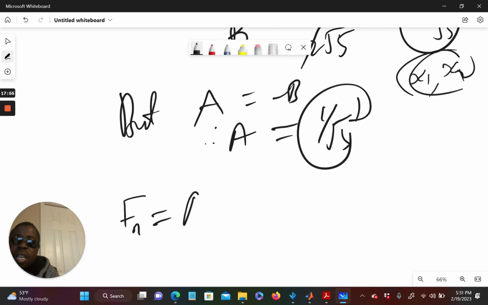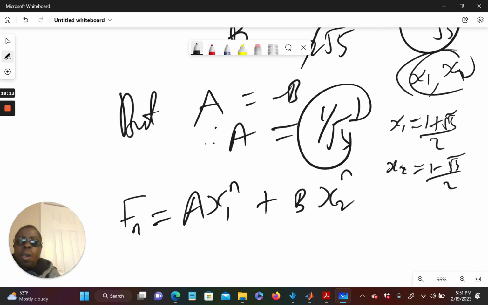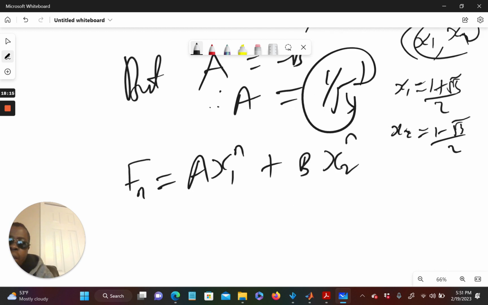Fn equals a x1 to the n plus b x2 to the n. We know that x1 is 1 plus root 5 over 2, and x2 is 1 minus root 5 over 2. Okay, so just plug them in here.